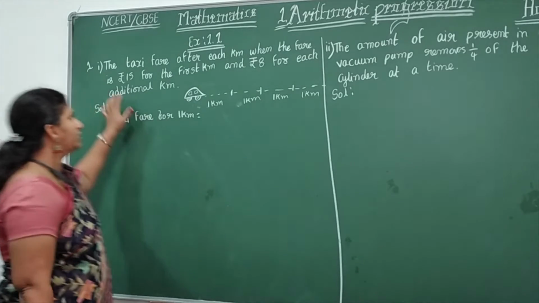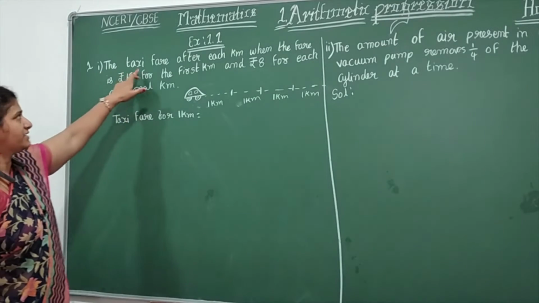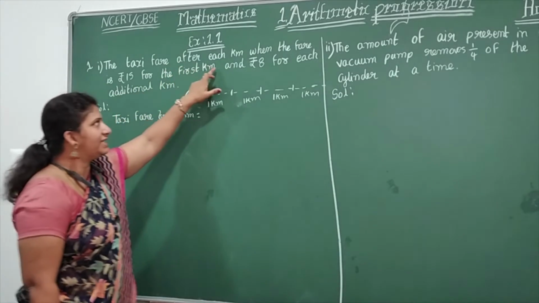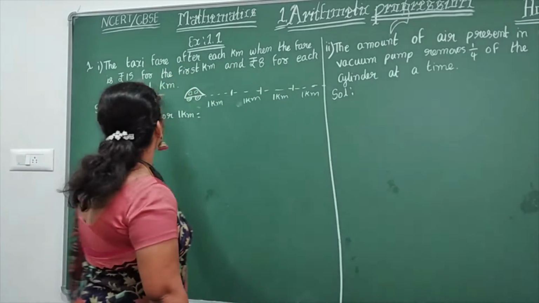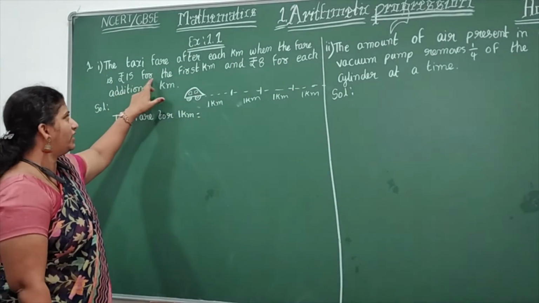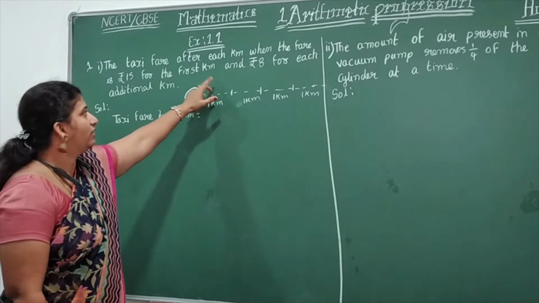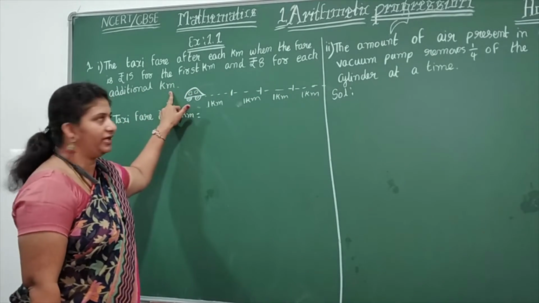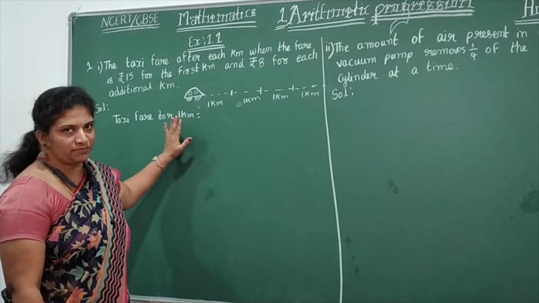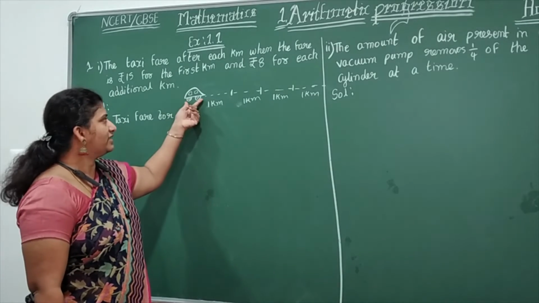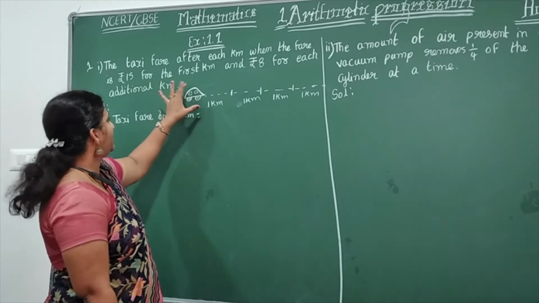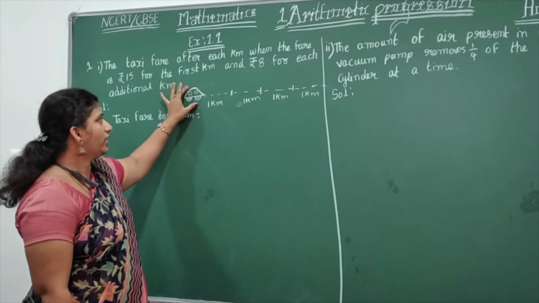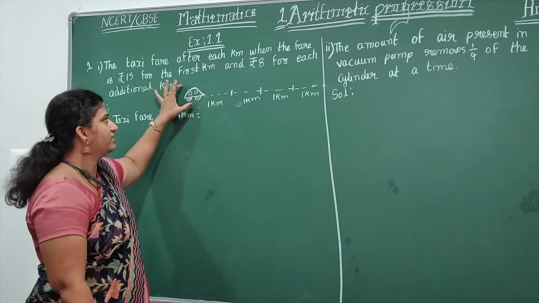So the first problem here: the taxi fare after each kilometer, when the fare is rupees 15 for the first kilometer and rupees 8 for each additional kilometer. Let's imagine this problem. Can you imagine this as any taxi? Suppose you are sitting in this taxi.